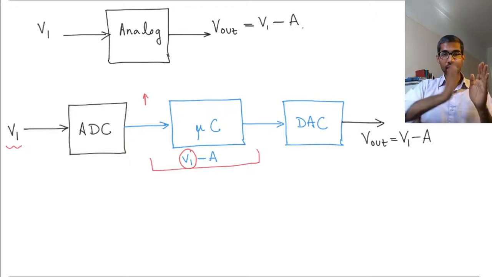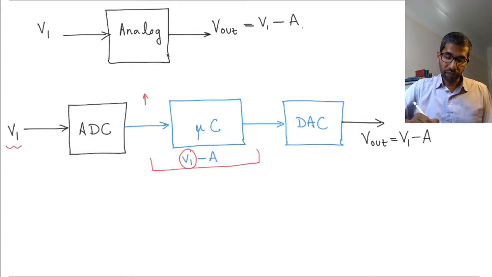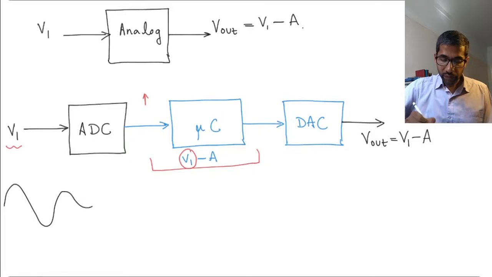We have sampling, so we are not taking all the points in the signal. So if our analog signal looked something like, let's say, like this, then what we mean by sampling is that we only take certain time instances of the signal, right?